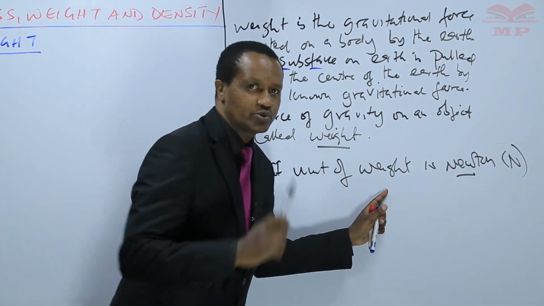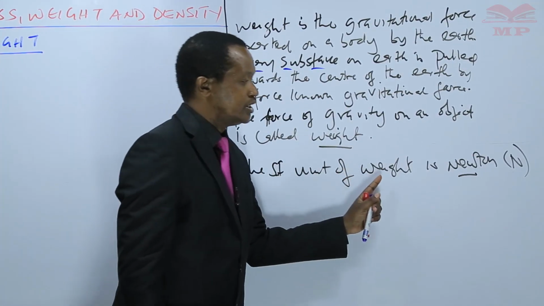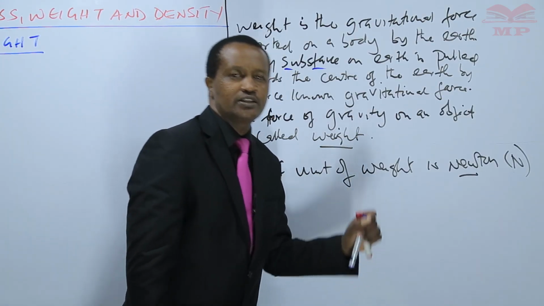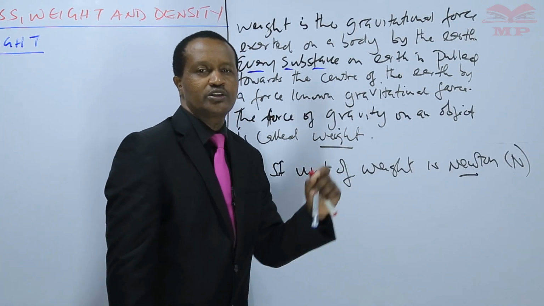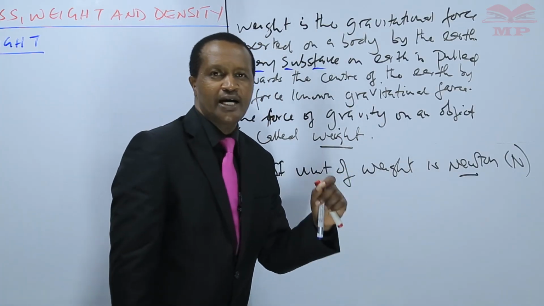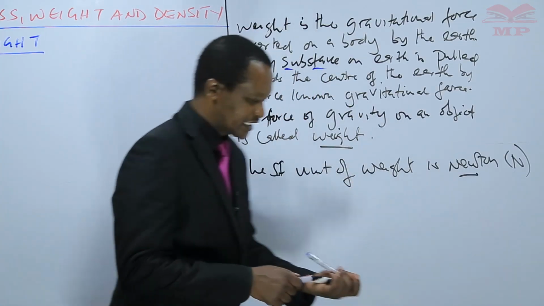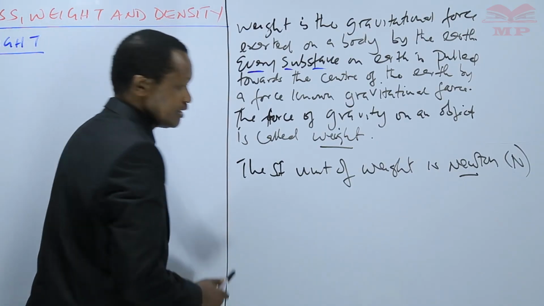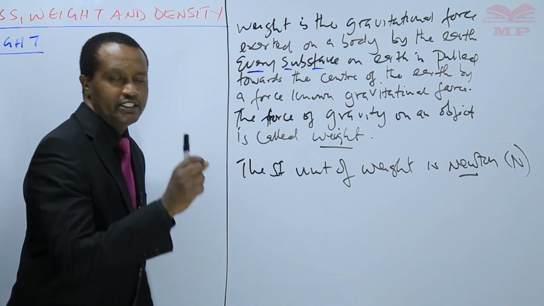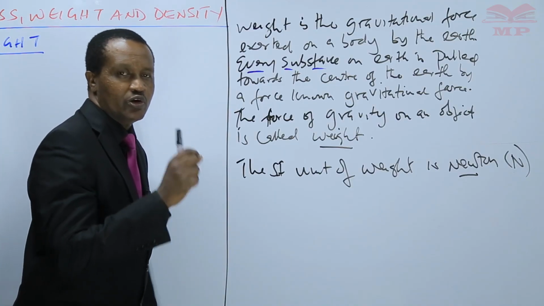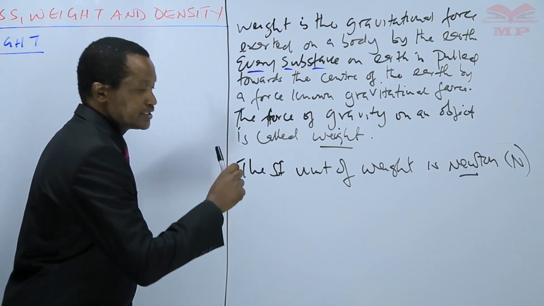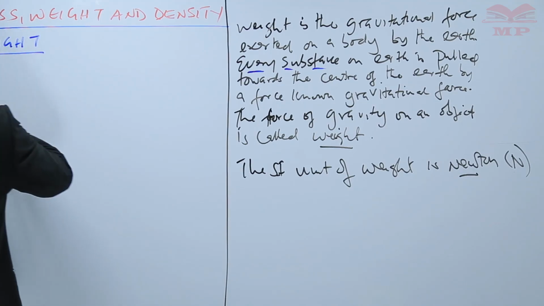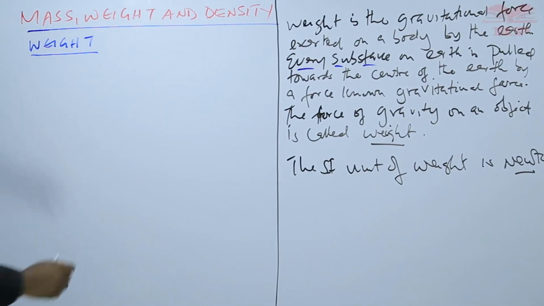And remember, learners, we also said that weight is not constant. Weight is not constant, but mass is constant. Very important distinction between weight and mass is that weight is not constant, but mass is constant.